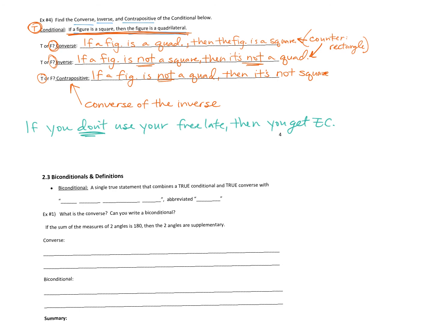We're negating both parts. So then the contrapositive: if you don't get extra credit, then you did use your free late. Does that make sense? Swap it and negate it. Really, you're just swapping the one right before it. You're just taking the converse of the inverse. Any questions on that? Okay.